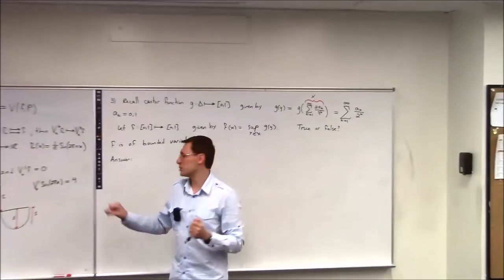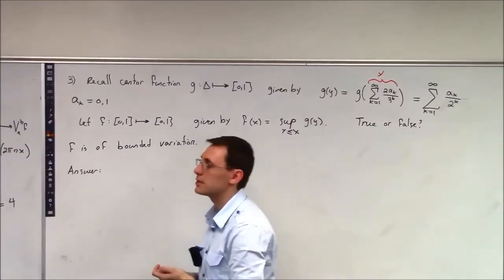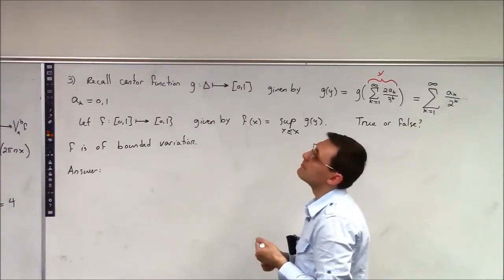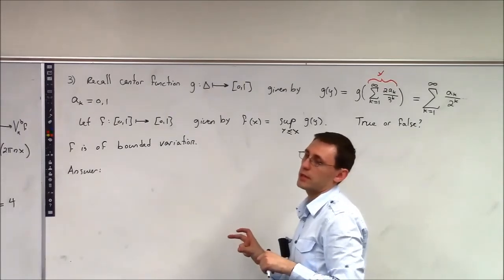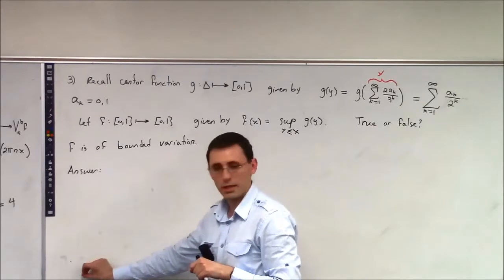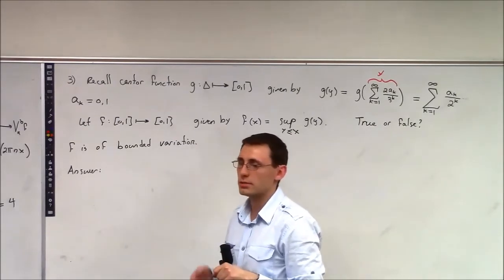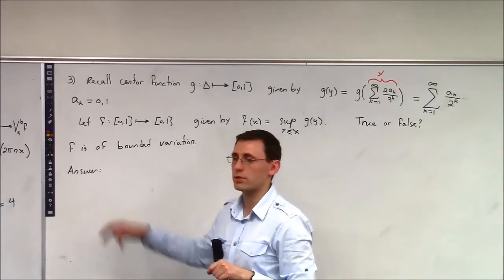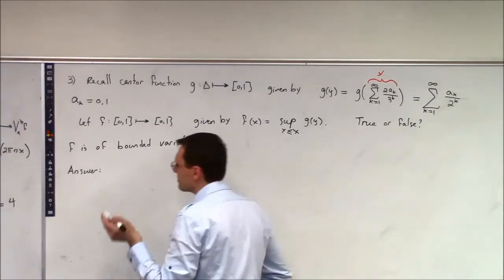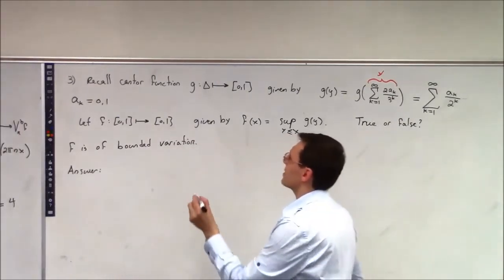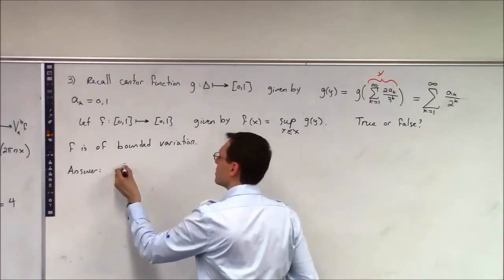So the particle skips a distance. Is the teleported distance considered as part of the variation, by the way? Yes, it is. No matter how you move, you measure the total distance you traveled. So the answer is: this is true.